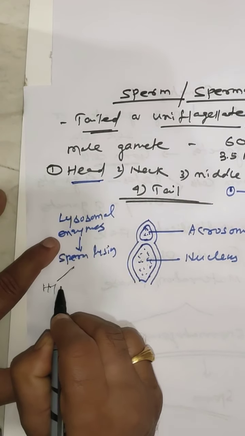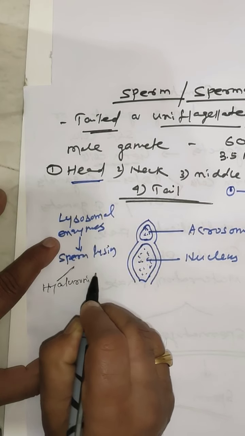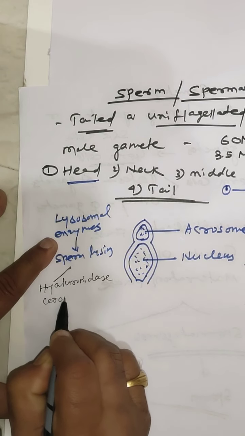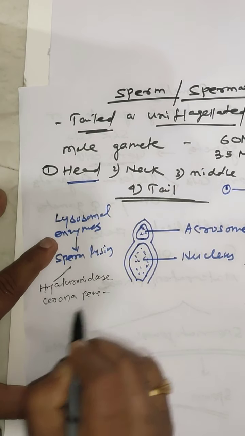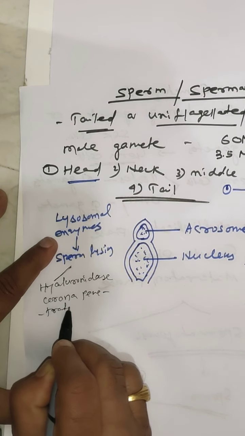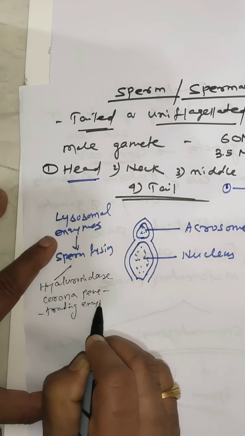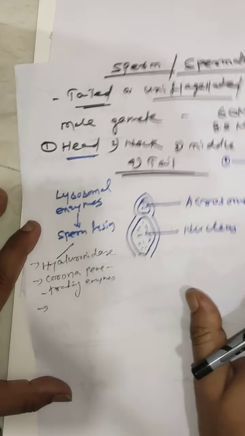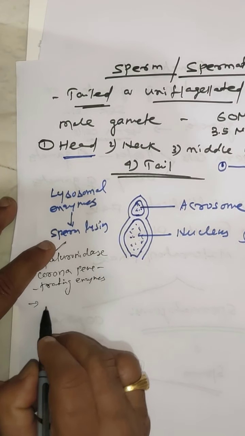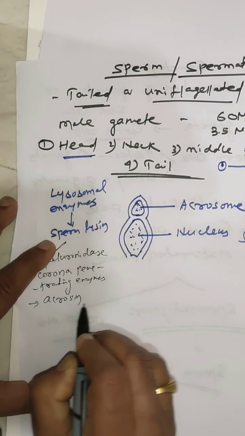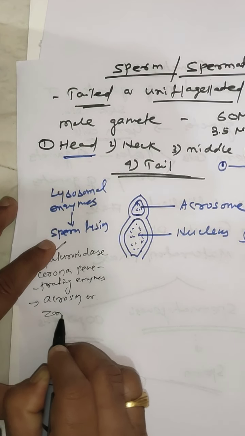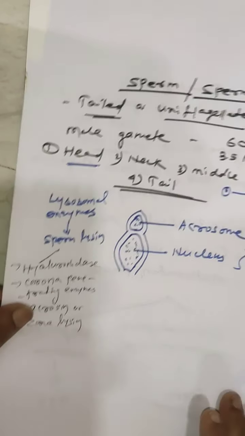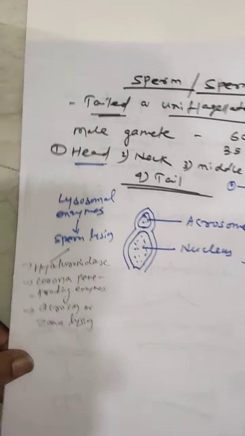These are hyaluronidase, corona penetrating enzymes, and acrosine or zona lysine. Clear?